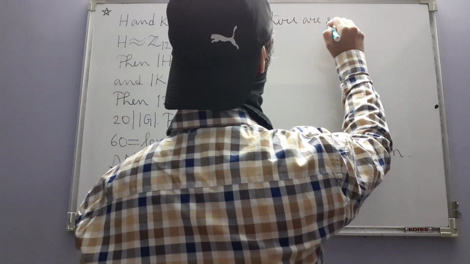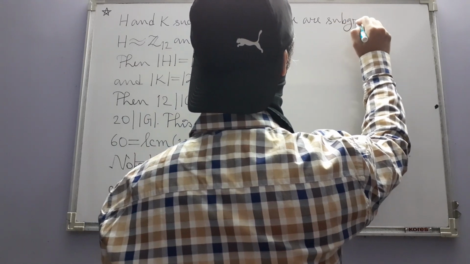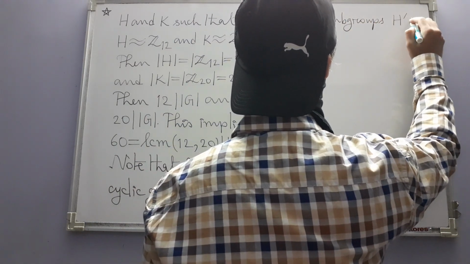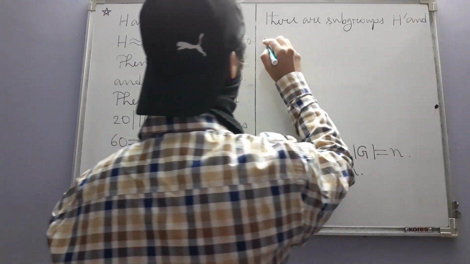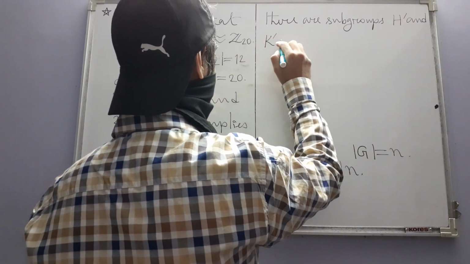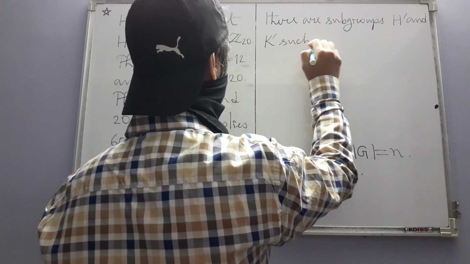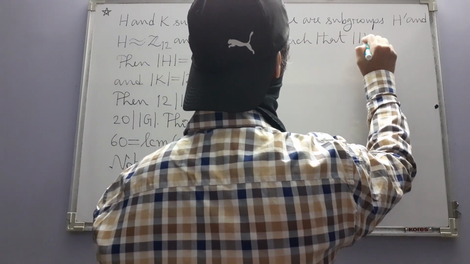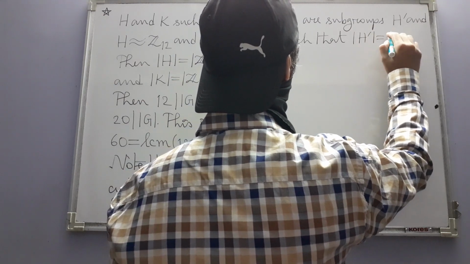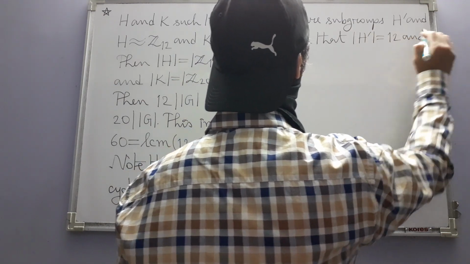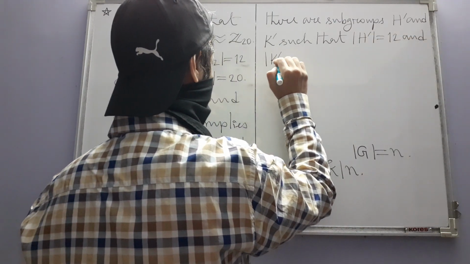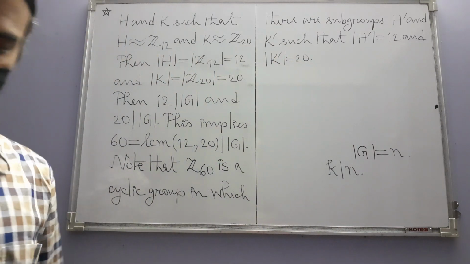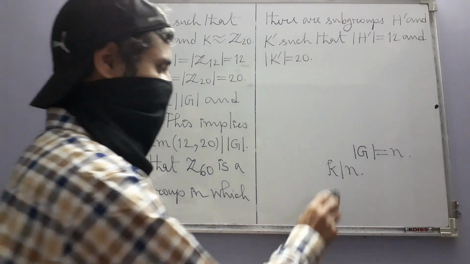in which there are subgroups, say H prime and K prime, such that the order of H prime is 12 and the order of K prime is 20. But there is something else also.